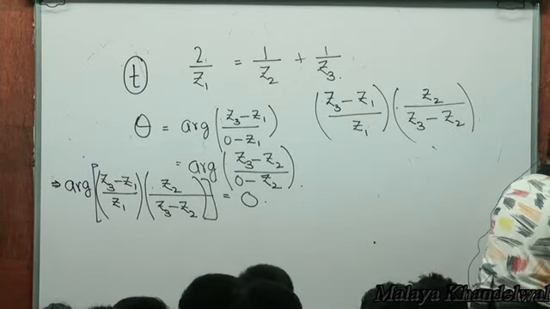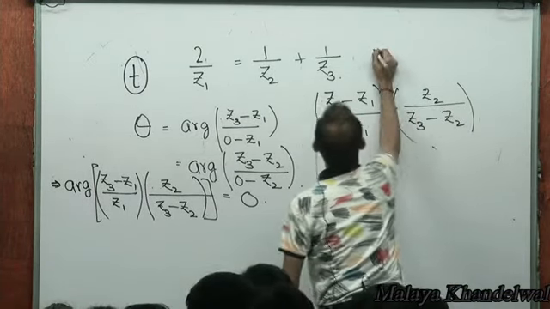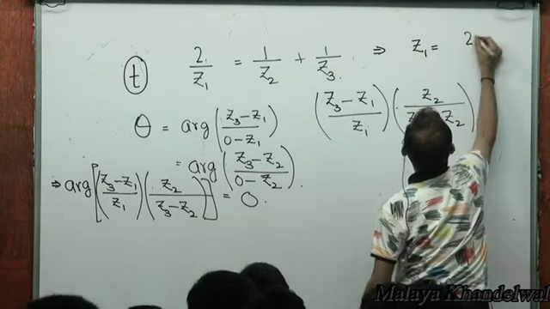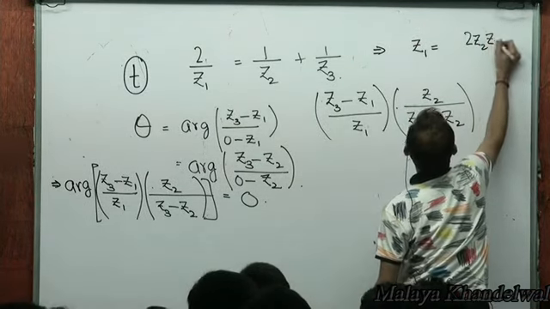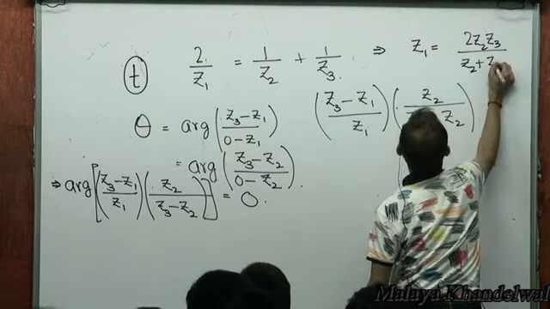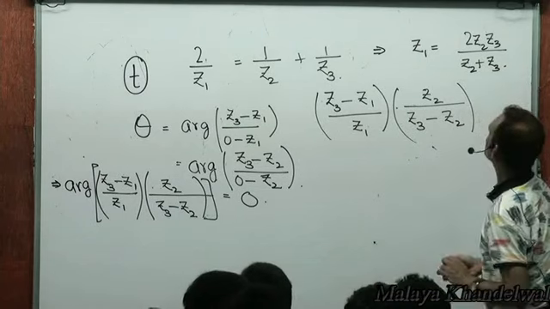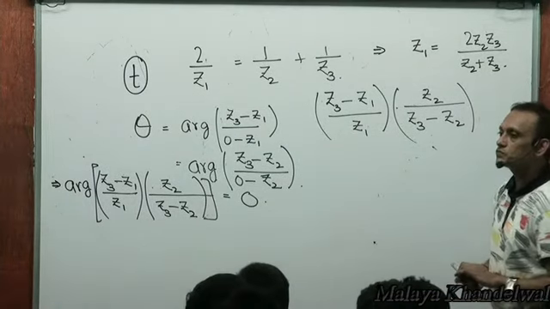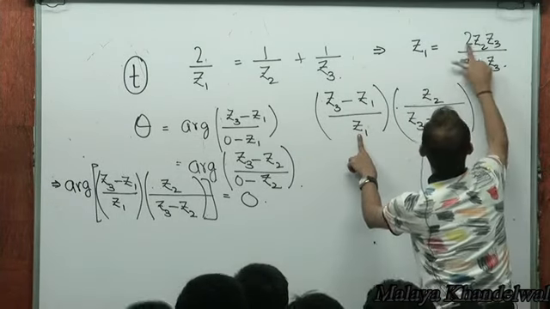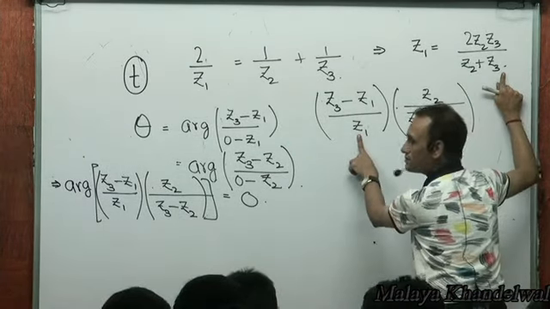Now, of course, different people will do it differently. Z1, I'll just use brute force: 2z2 z3 by (z2 plus z3), right? Yes or no? So this z1 I replace by 2z2 z3 by (z2 plus z3), right?